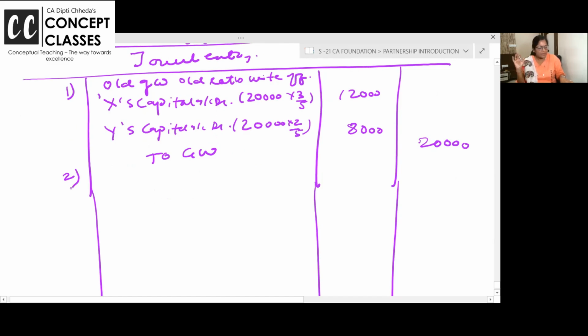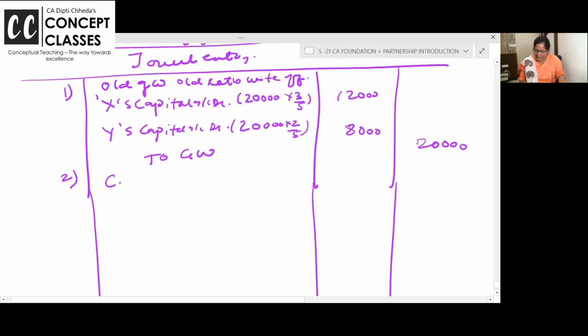Old goodwill. Now, Z brings 1 lakh rupees capital cash account debit. I'm going very slow and I'm reading out the problem loudly for you. So listen.